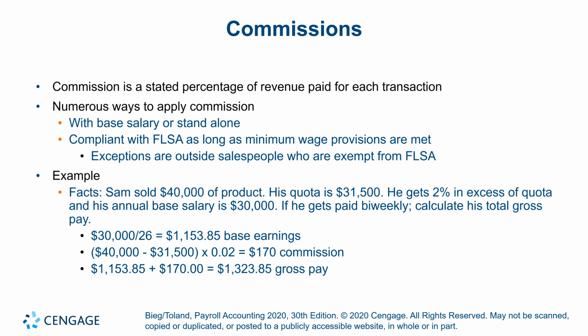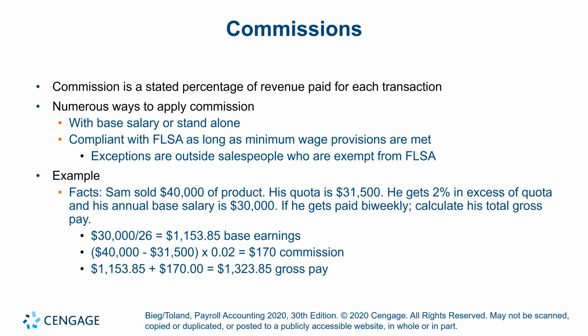Base salary plus commission, that's the most common. But there could be the standalone or pay based on commissions only. Either way is compliant with the FLSA as long as the minimum wage provisions are met. So as long as the person earns at least $7.25 an hour for 40 hours, which is $290 a week, then the wage provisions are met.